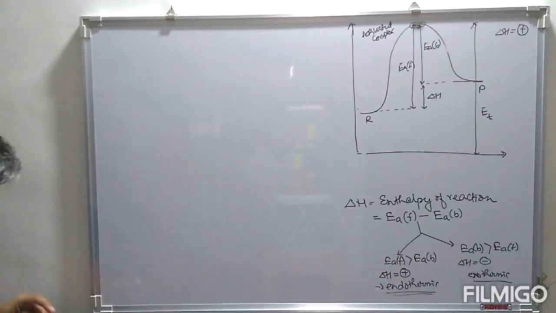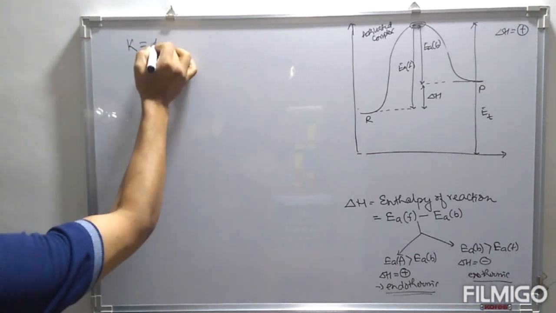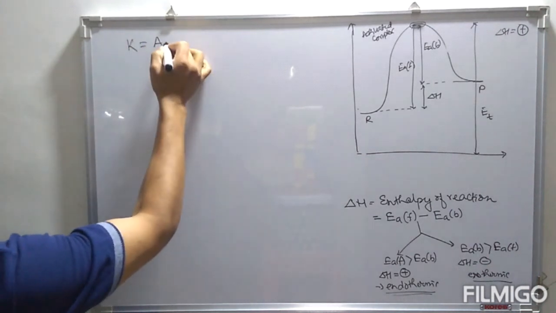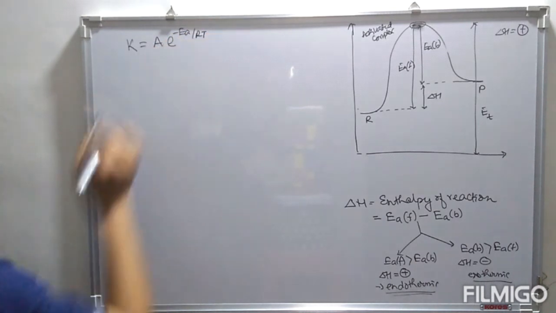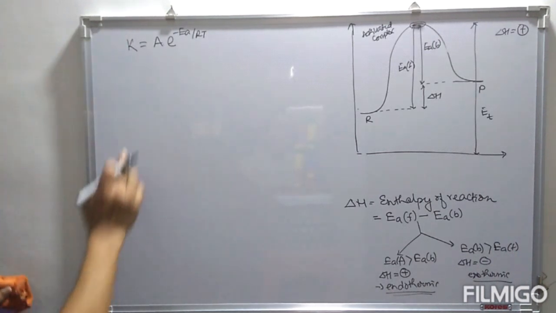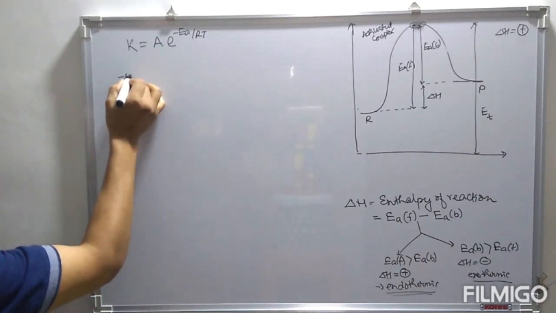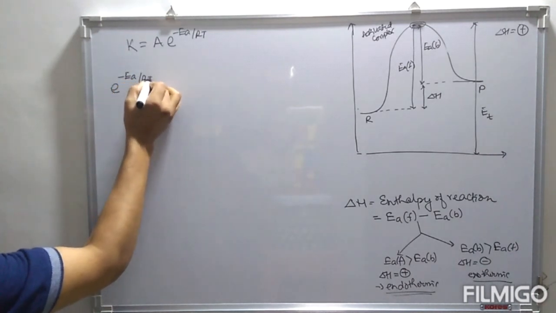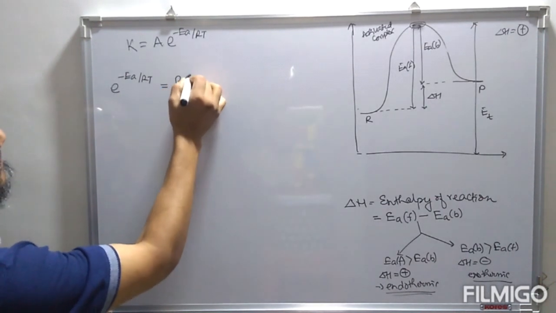Now, looking at this Arrhenius equation, we have k equals A exponential minus Ea by RT. In this equation, the term minus Ea by RT is known as the Boltzmann factor.